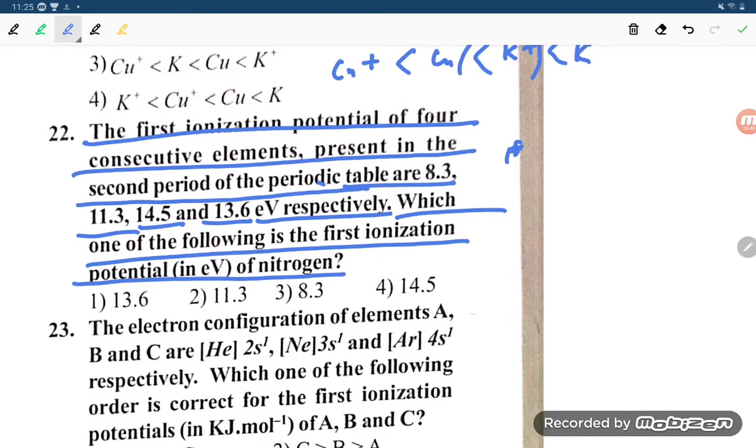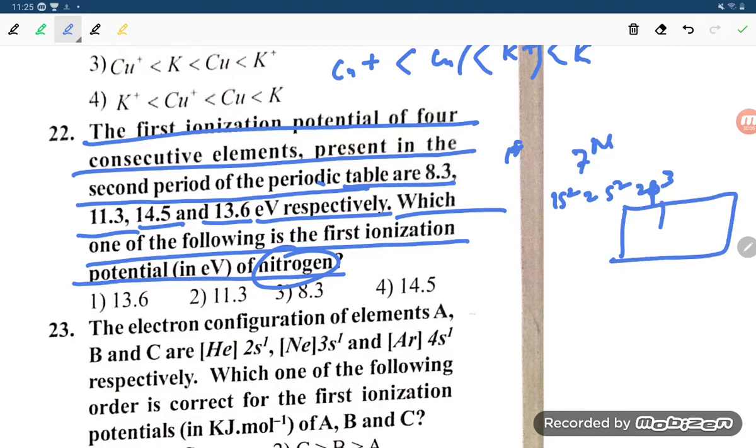So student, first, if you are talking about nitrogen, the first ionization potential of nitrogen. If you see the configuration, what is there? 1s2, 2s2, 2p3. So p is a stable configuration, half filled.